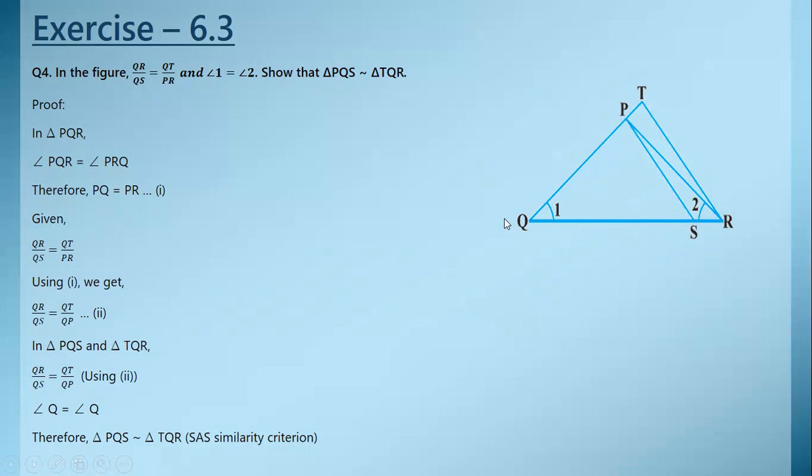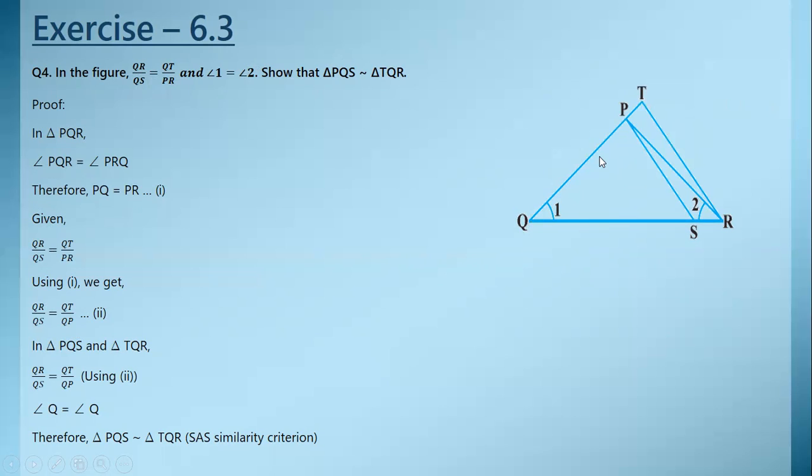So we are going to take instead of PR as PQ because PR and PQ are equal from the first equation. So using that equation, we get QR by QS is equal to QT by QP. Now in triangle PQS and TQR, so the small triangle and the whole triangle we are considering, QR by QS is equal to QT by QP.